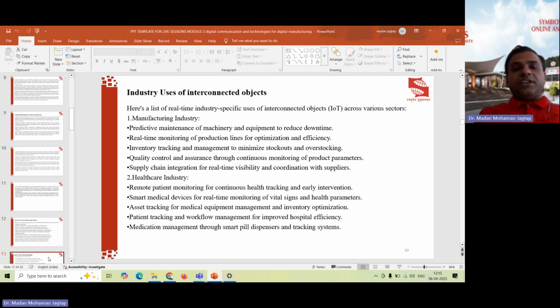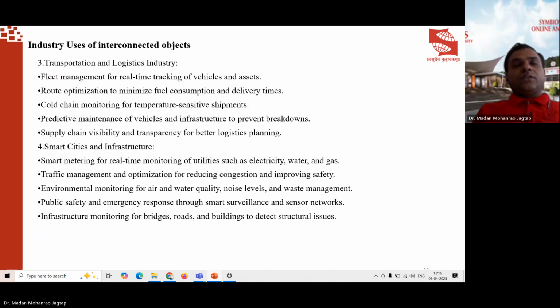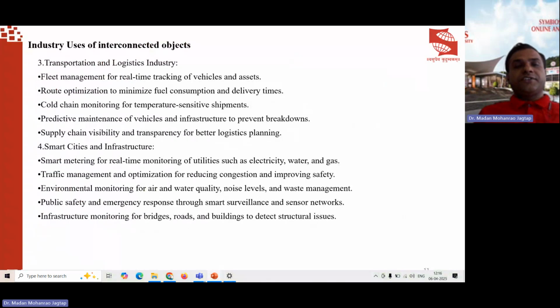The next industry use of interconnected objects is the transportation and logistics industry.